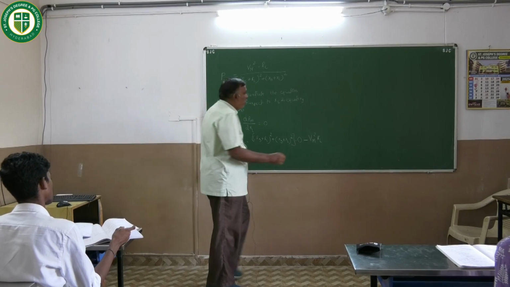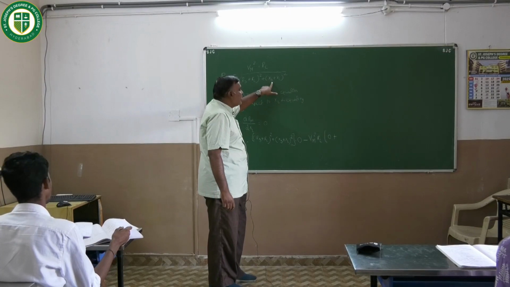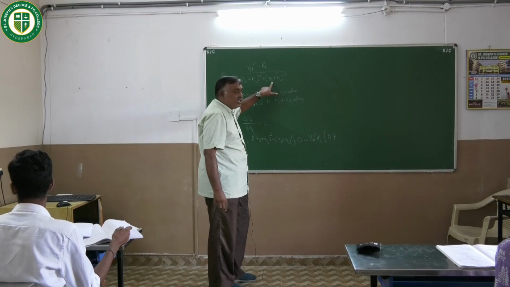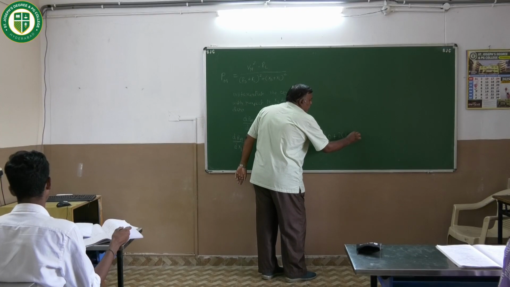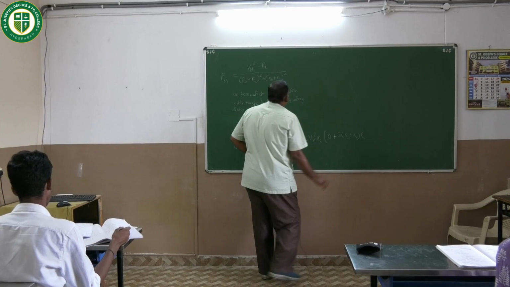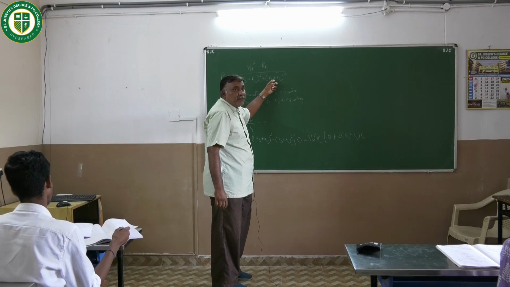So 0 plus, differentiating this expression with respect to XL, it is 2 into (XS plus XL) into dXL by dXL.